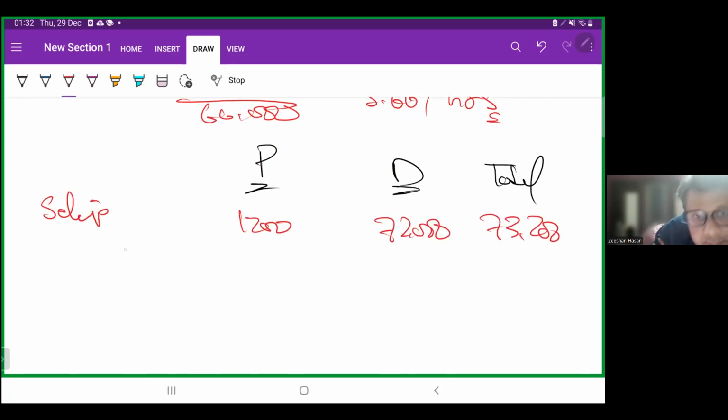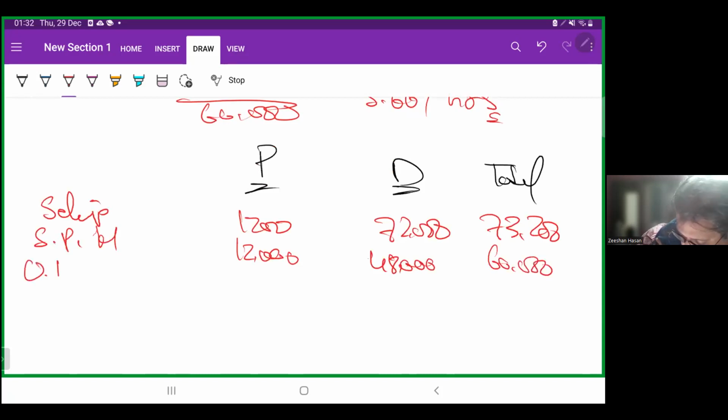Special part handling cost: 12,000 and 48,000, and we'll get 60,000. Order handling cost: 1320, 18,480, 19,800.